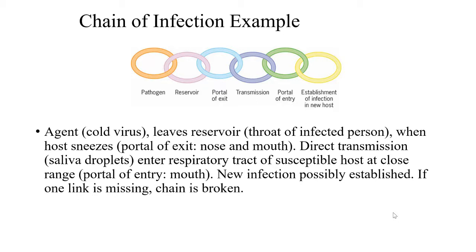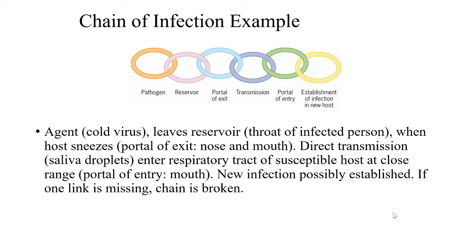For this, the direct transmission would be the saliva droplets that enter the respiratory tract of a susceptible host. So that means that the infected person sneezes, the droplets are in the air, the next person, the susceptible person, breathes in those droplets. So now it entered the respiratory tract of the susceptible host at close range. The portal of entry is the mouth because they brought it in through their mouth. And then the new infection is possibly established.